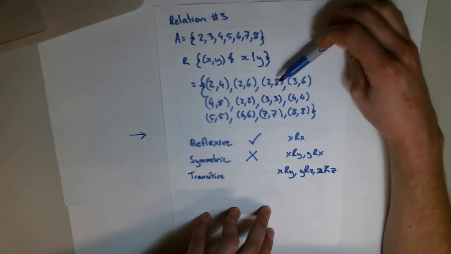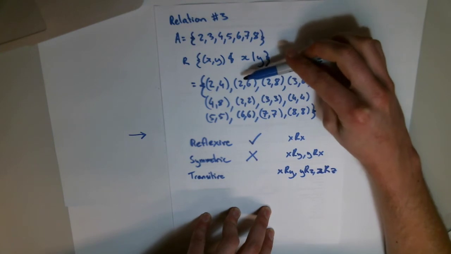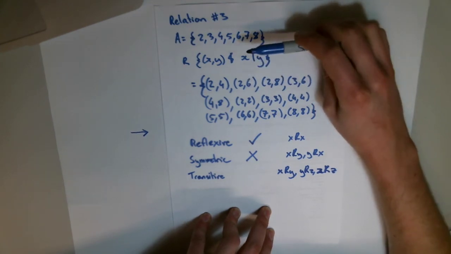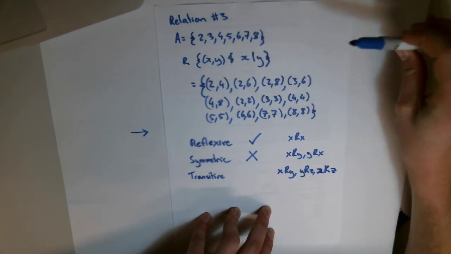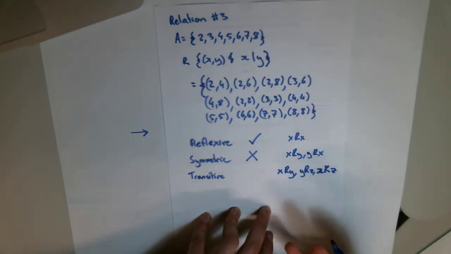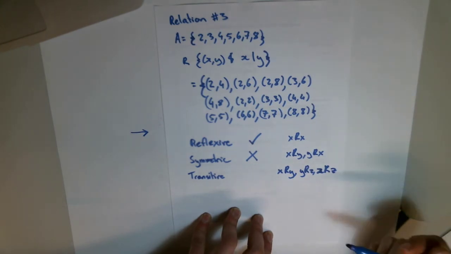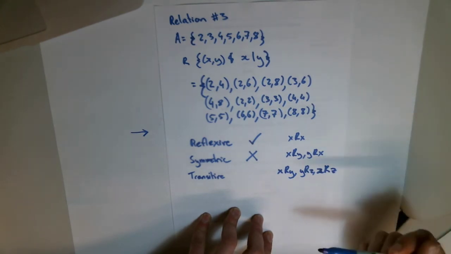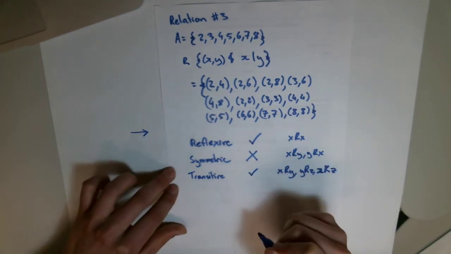Well, yes we do. If we've got 2 to 6 and 6 to 6, then 2 must also map to 6. Well, yes it does. That's kind of a trivial example. 3 to 6 and 4 to 8. So this is a transitive relation for the simple reason that we cannot find any counterexamples, any examples where this is demonstrably not true.